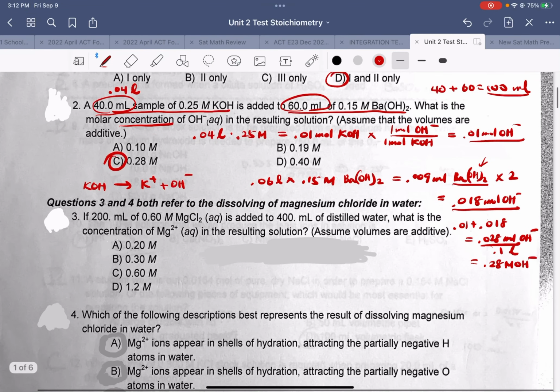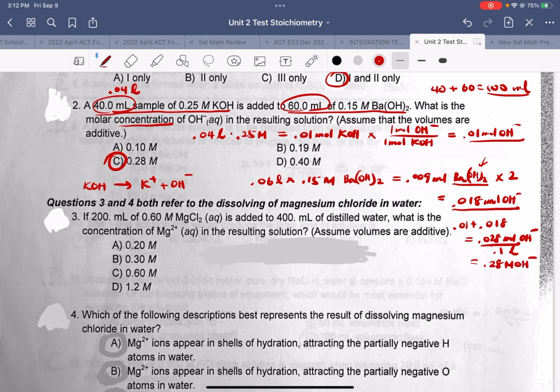Now number 3. Questions 3 and 4 both refer to dissolving magnesium chloride in water. 200 milliliter of 0.6 molarity MgCl2 is added to 400 milliliter of distilled water. What is the concentration?